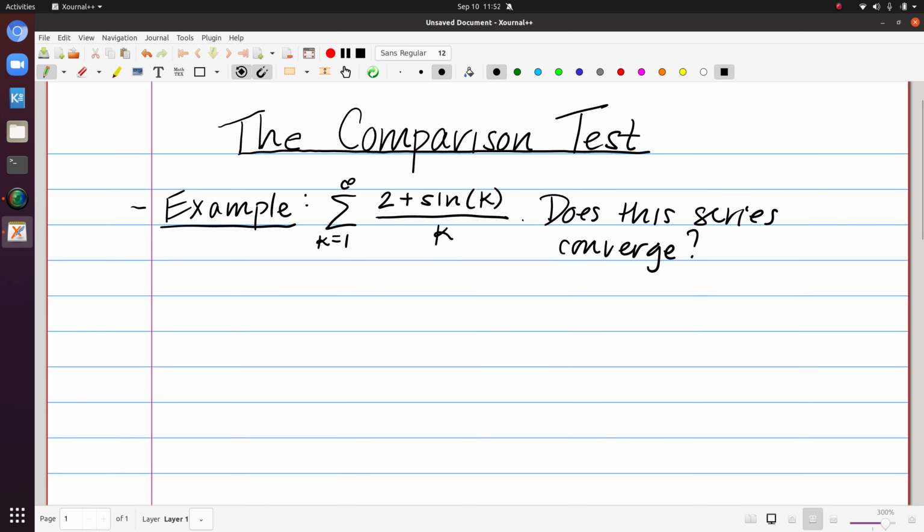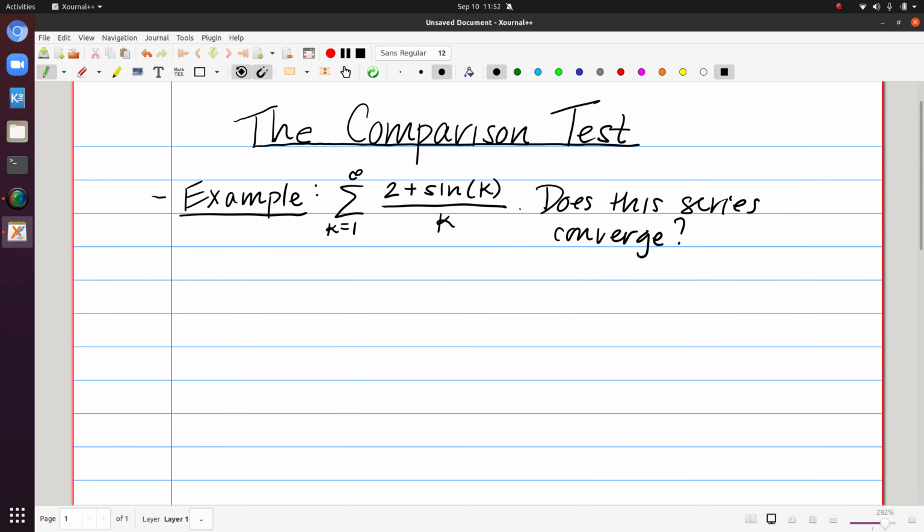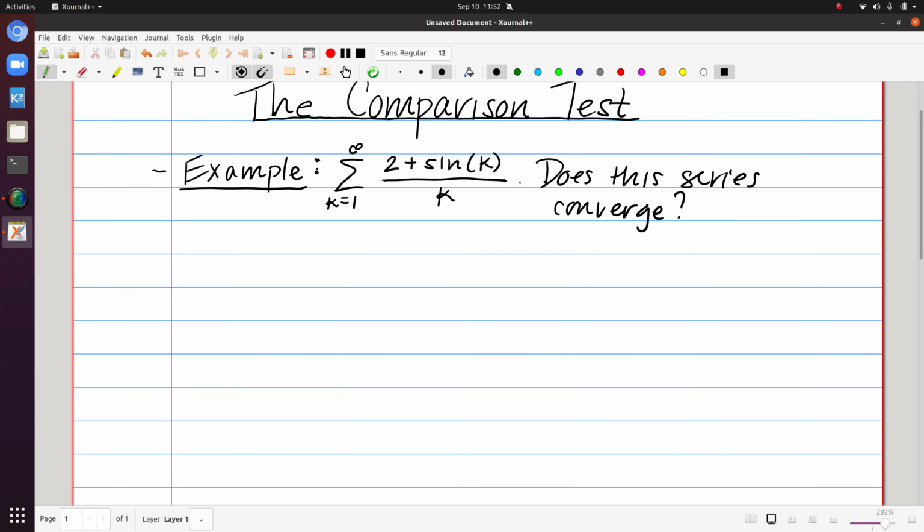So what we can do is reflect on what we've seen so far to see how that stacks up. The first thing to consider is the definition. We've seen that the definition of convergence is that the limit of the partial sums exists and is finite.